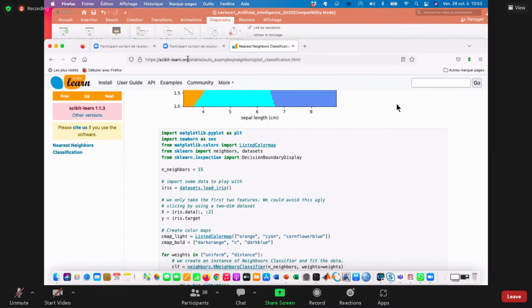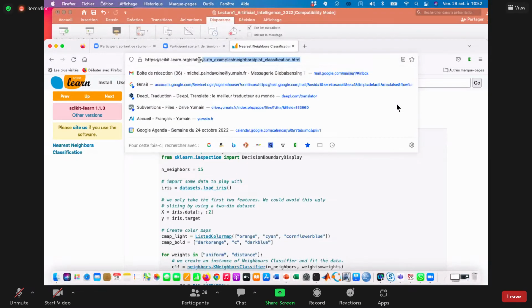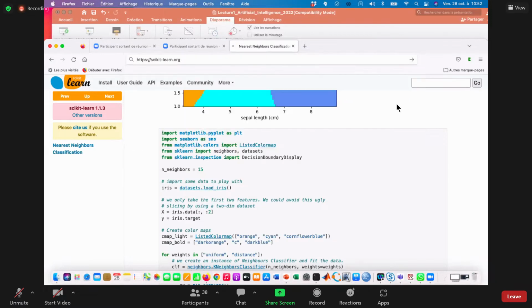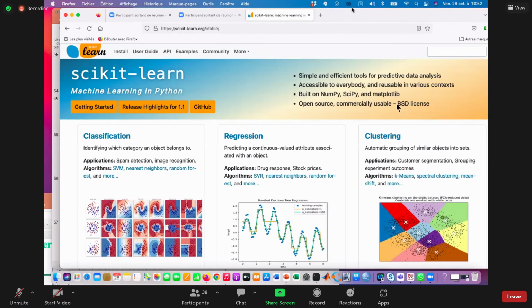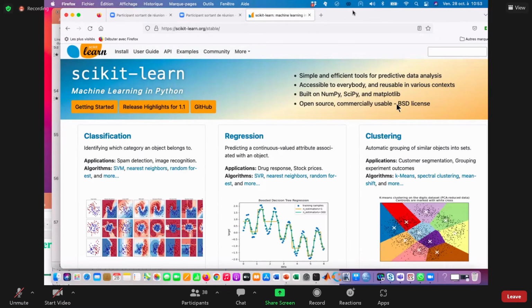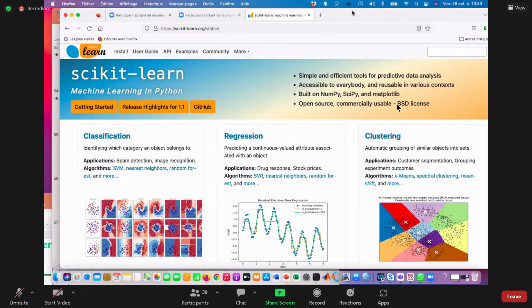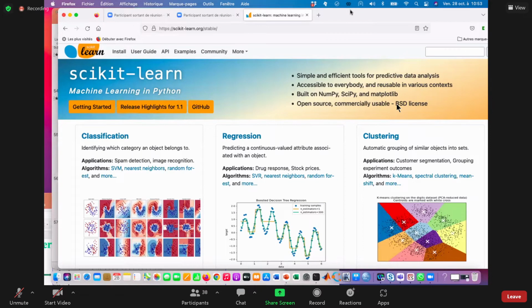So that is what you obtain. That is scikit-learn.org, which is open source.